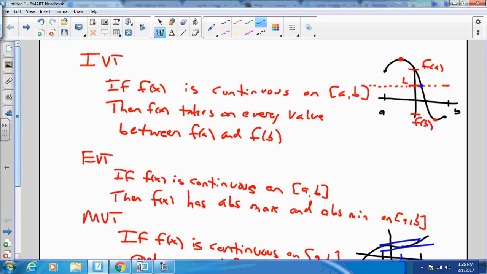So you can see that this is not at all like the intermediate value theorem.